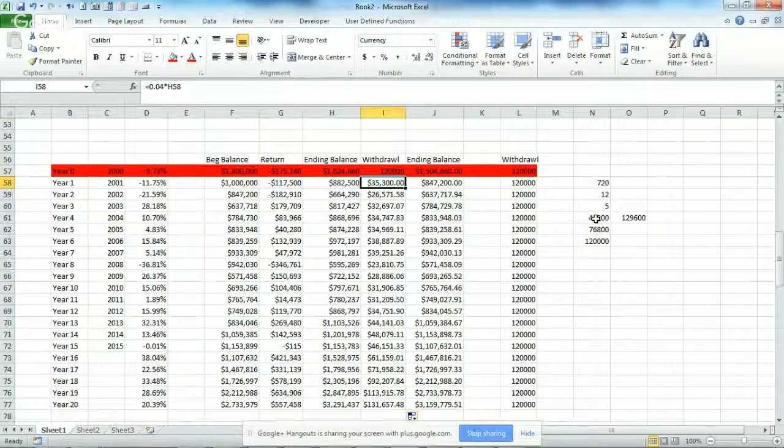Then you have $43,000 coming from the annuity, so that gives you about $78,000. Then the market goes down again, a little bit, but you're still in the market, and as the market goes back up, you can withdraw more money.